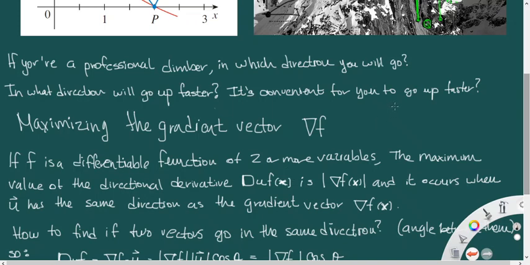I am using f of a bold x because this is equal to f of x, y, z, q, r, up to any number of variables.